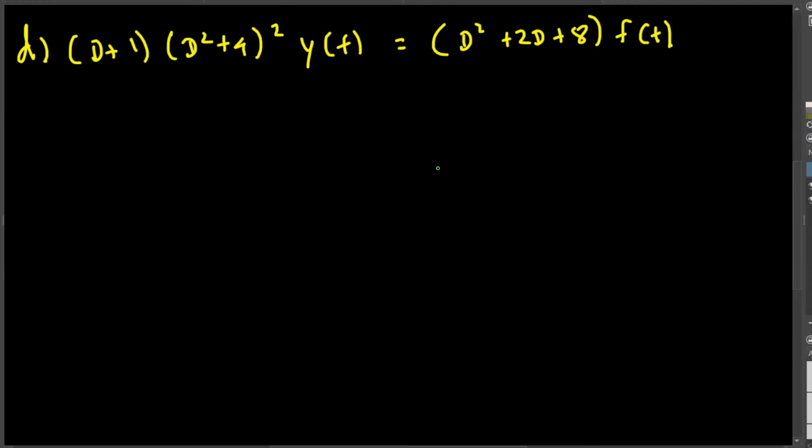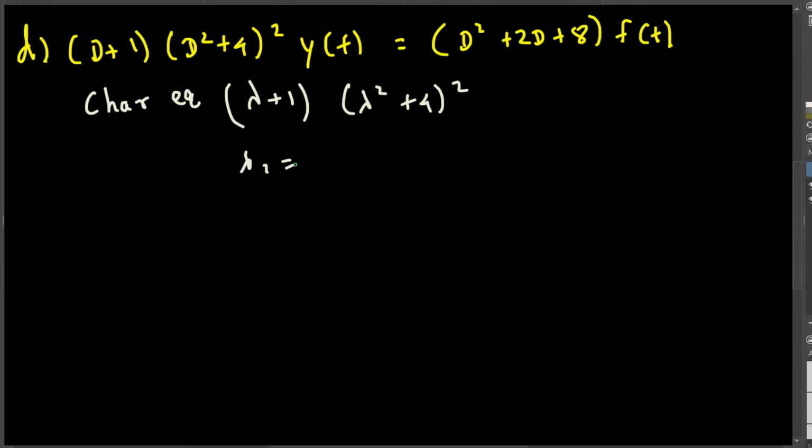And again, write the characteristic equation. That is (lambda plus 1)(lambda square plus 4) square. Here lambda 1 is negative 1, lambda 2 and lambda 3.